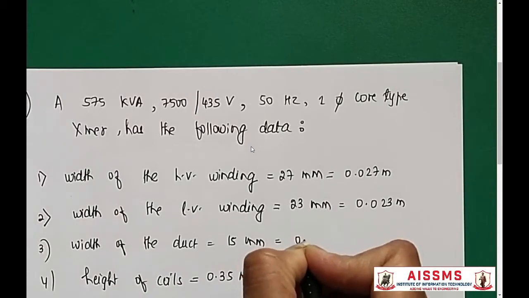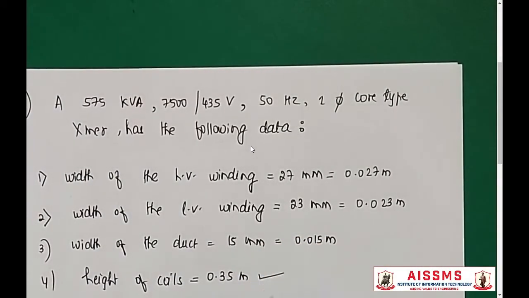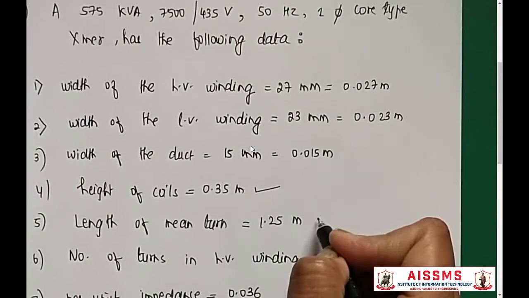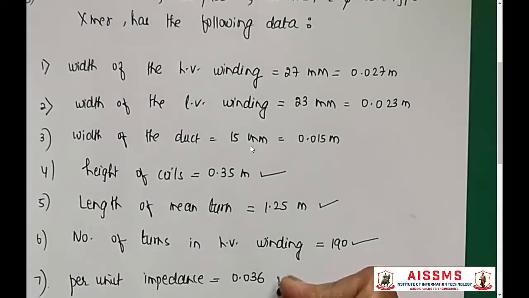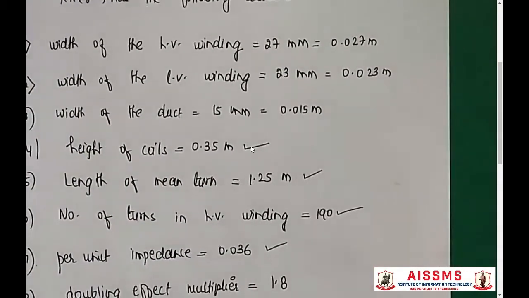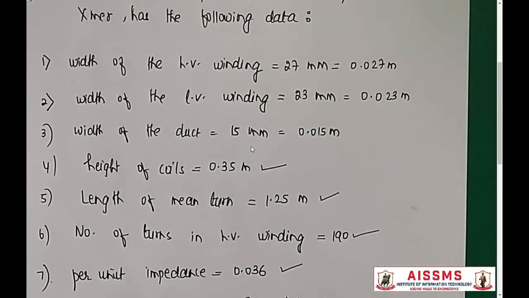Width of the duct 0.015 meters. Height of the coil is already in the standard unit. Length of mean turn is also in the standard unit. Per unit impedance does not have a unit, and doubling effect multiplier is 1.8. Now let's proceed with the numerical.